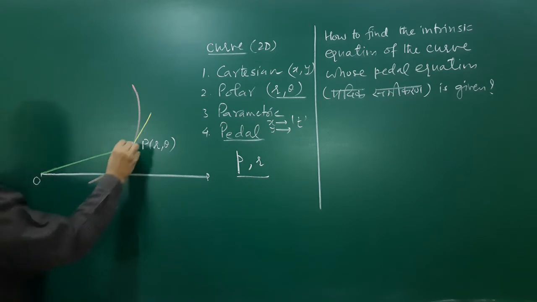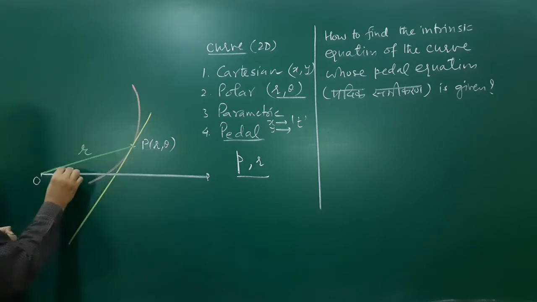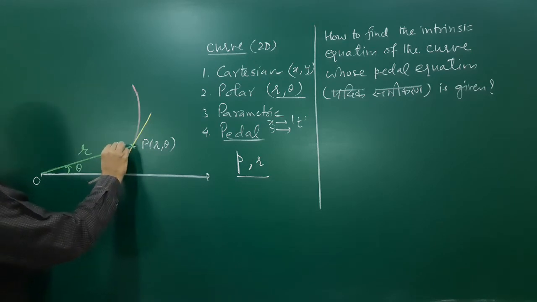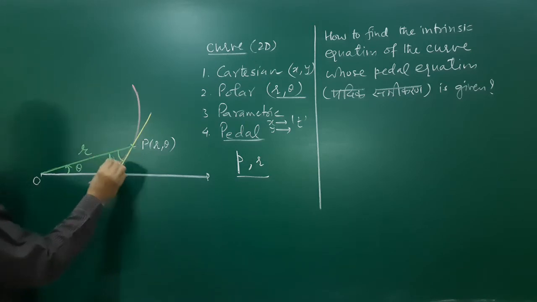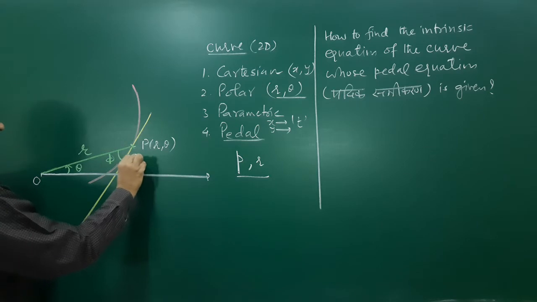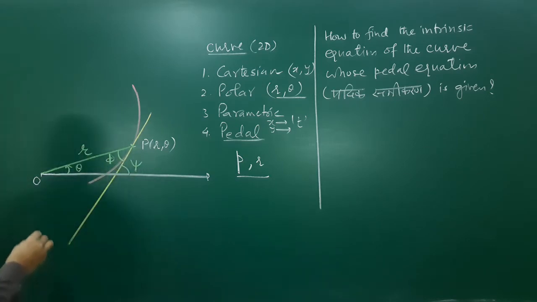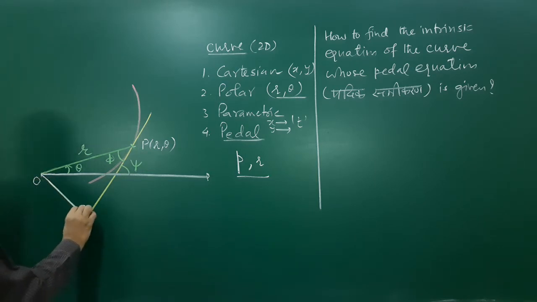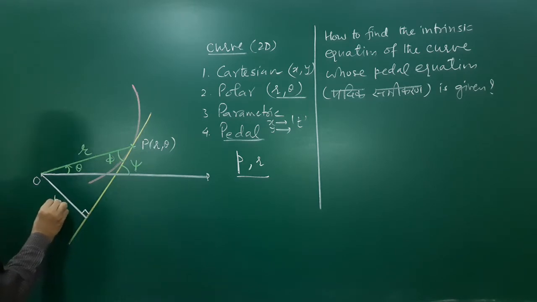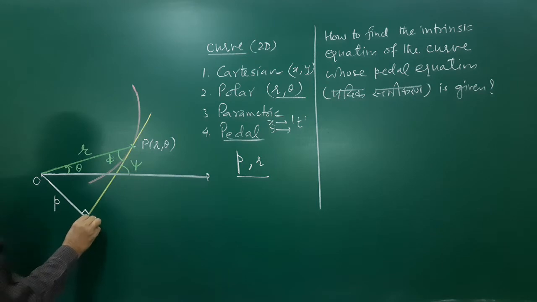You know that this is r, this is theta, this is phi, this is psi, and here we drop the perpendicular, this line, this length. This is 90 degree, this length is p.